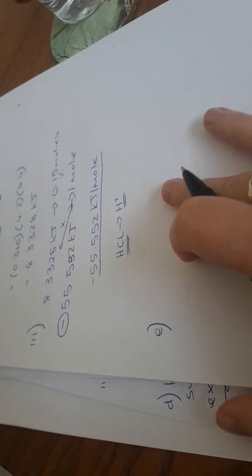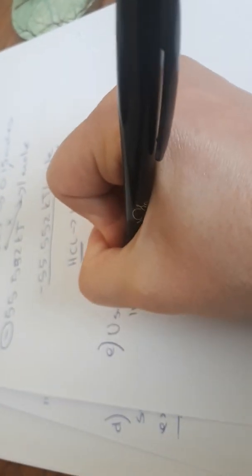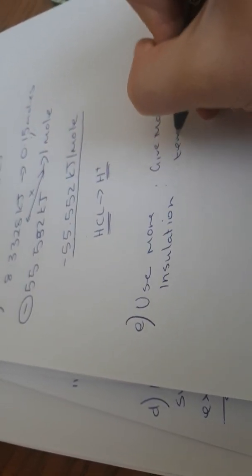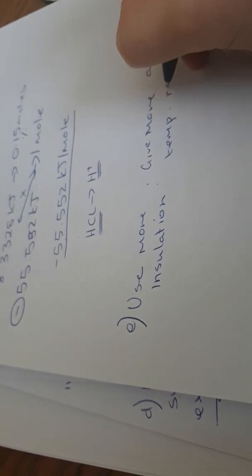If you go onto the marking scheme, you'll find about 10 or 15 of them. Firstly, we could use more insulation, or wrap in cotton wool. The explanation for that would be that it will give a more accurate temperature rise, because it would reduce the heat loss to the surroundings.